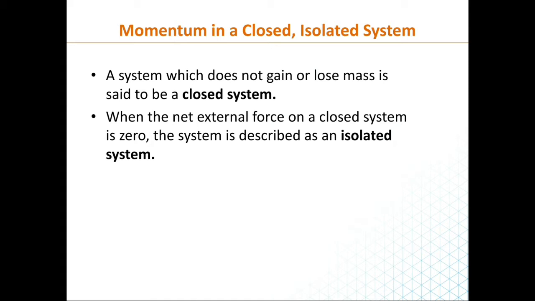In the beginning, we should know the difference between a closed system and an isolated system. A system which doesn't gain or lose mass is said to be a closed system. This is the definition of a closed system. But for the isolated system, when the net external force on a closed system is zero, the system is described as an isolated system.